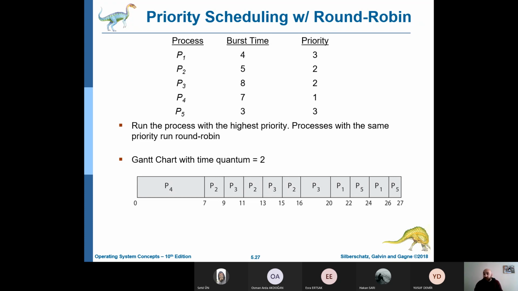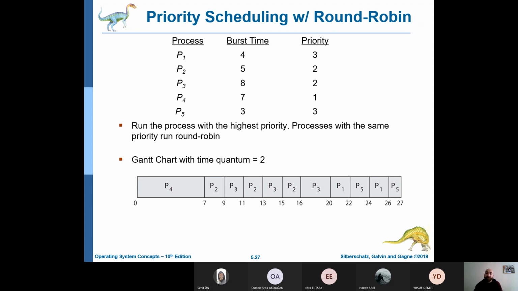So P2 and P3 have the same priority, so I execute P2 for 2 milliseconds and then P3 for 2 milliseconds, again P2 for 2 milliseconds, P3 for 2 milliseconds, and so on. At some point, both of them will be terminated, their tasks will be done, so I can move on to the next level of priority. At that point, I have P1 and P5, both with priority 3, so again I can create a round robin between just P1 and P5.